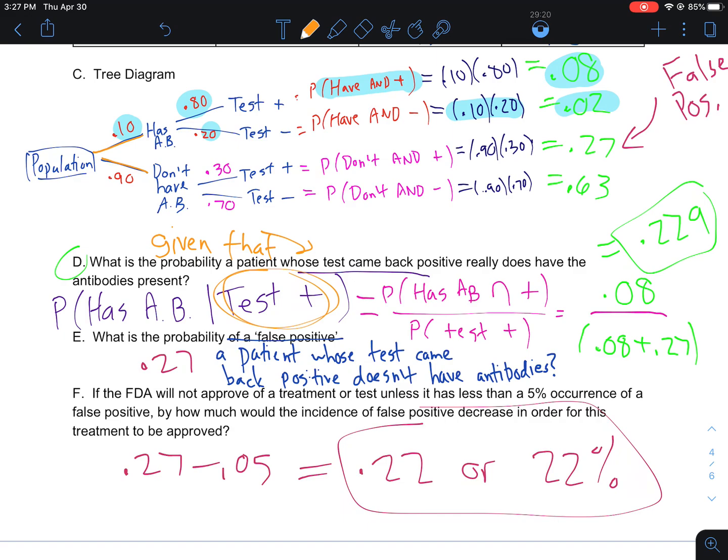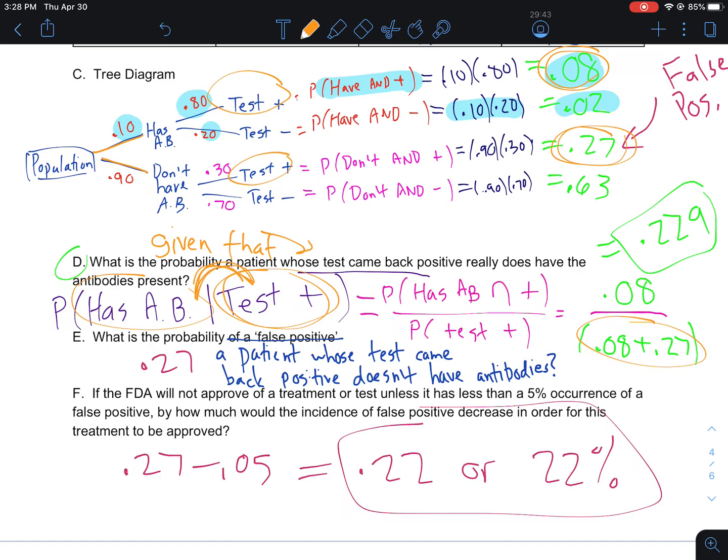They're basically saying this. Given you have a positive test, what's the probability you have antibodies? So given that your test is positive, that's like saying boom and boom. These are the numbers that had a positive test. Therefore, the denominator is their sum, or 0.35.